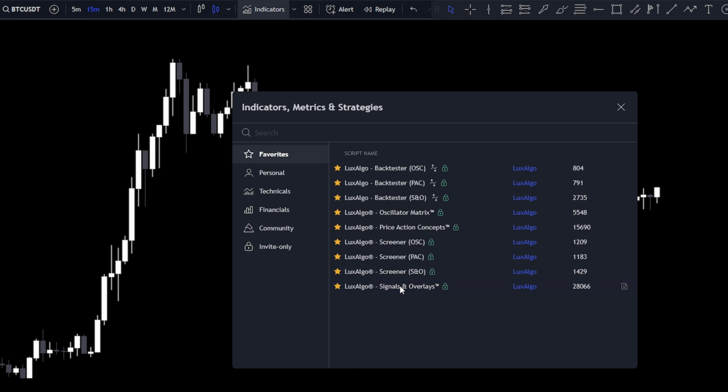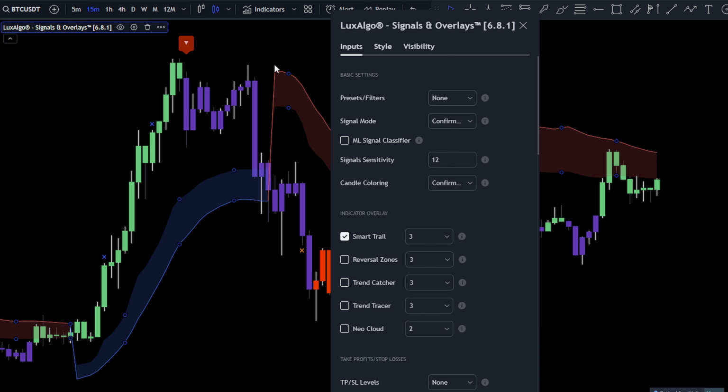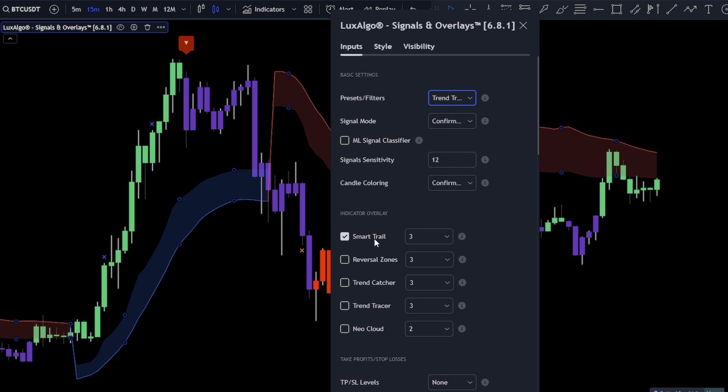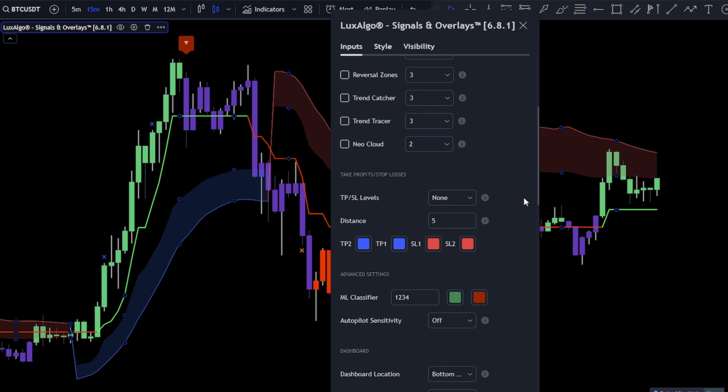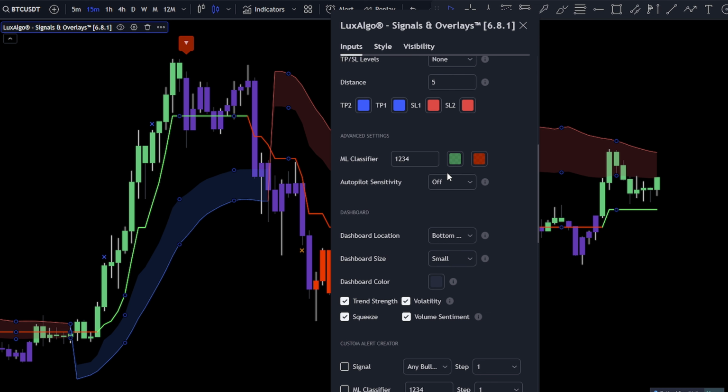Now click that to add it to your chart. Once it's loaded, click on the Settings gear icon to access its settings. Here, we'll select the Trend Trader preset, a combination of powerful features specifically designed to catch early trend shifts, confirm trend strength, and manage trades effectively with trailing stops. Next, scroll down to the dashboard location, where we want to make sure all options, trend strength, volatility, squeeze, and volume sentiment, are enabled for optimal analysis.